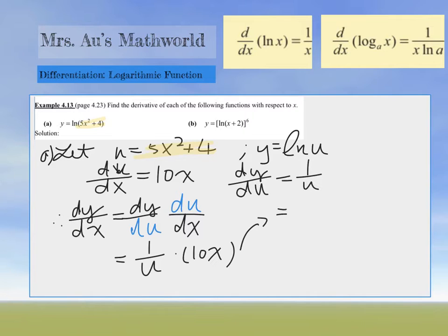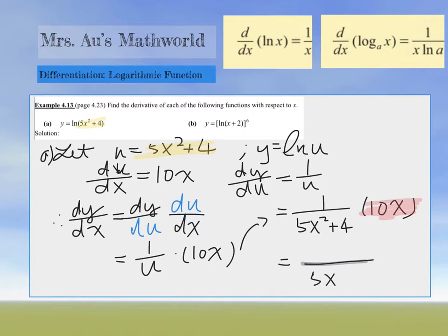You get 1 over 5x squared plus 4, multiplied by 10x. For this one, it is not simplified, because having it in the middle of a fraction is not accepted as a final answer. If you want to get the final answer, put it in the upper part, that means the numerator. So this is the way to handle it.